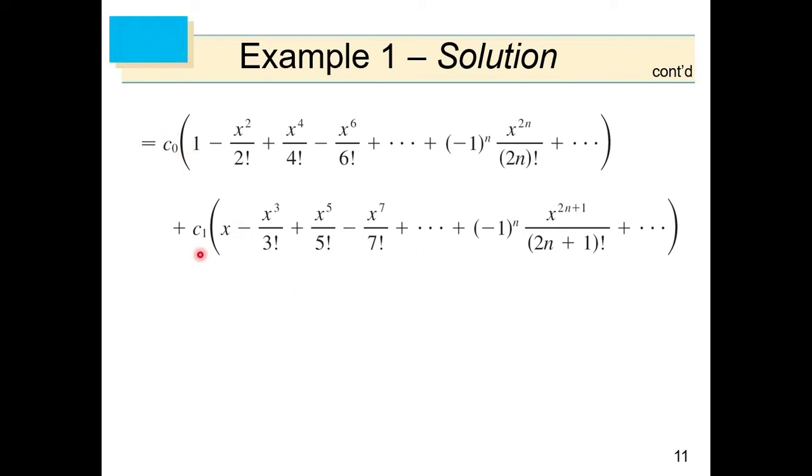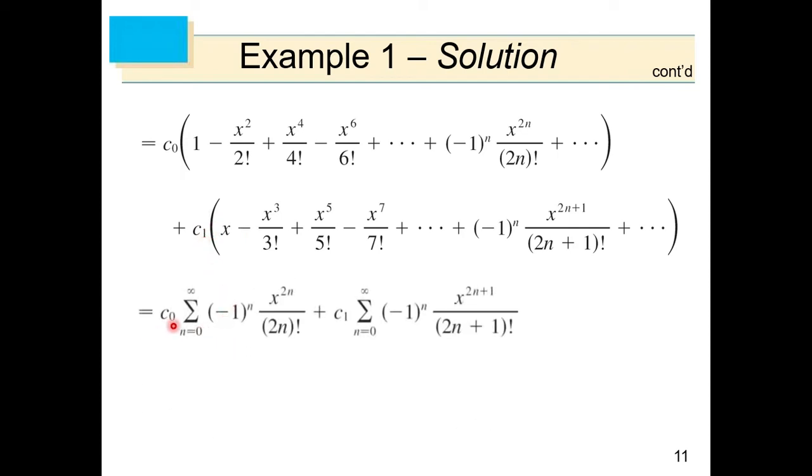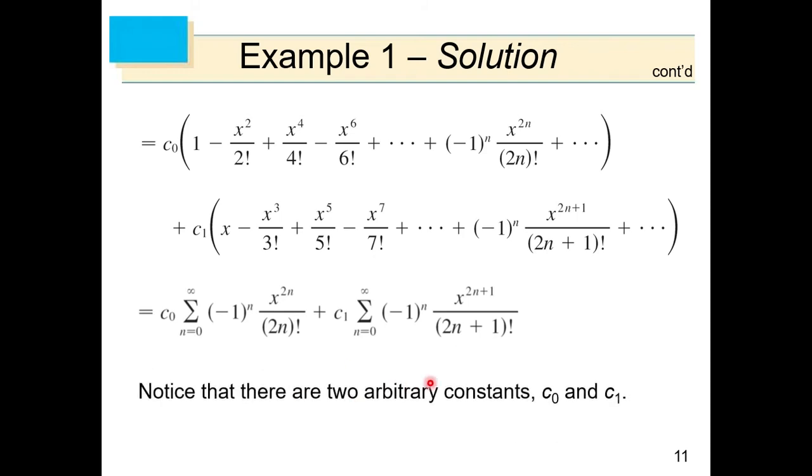Here c0 and c1 are constants. y is equal to c0 summation n is equal to 0 to infinite minus 1 raised to n into x raised to 2n upon 2n factorial plus c1 summation n is equal to 0 to infinite minus 1 raised to n into x raised to 2n plus 1 upon 2n plus 1 factorial, where c1 and c0 are arbitrary constants.